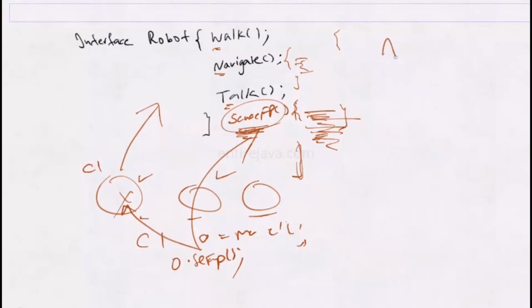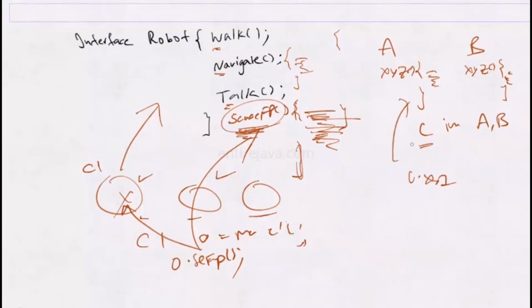Let's say we have interfaces A and B, and we have C, which is implementing A and B. Now let's assume that both A and B interfaces have a method, say XYZ, and both these interfaces are providing default behavior in here. Now when we have an object of C, and if we do object.xyz, which method is it going to call? Confusion, right? So Java 8 has provided some solution for this as well.